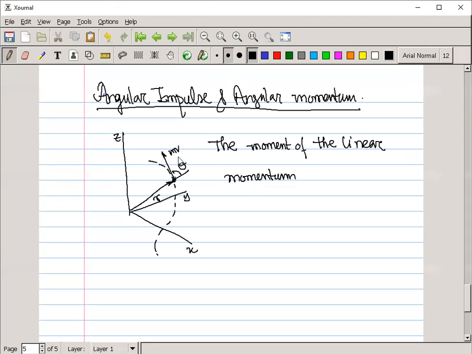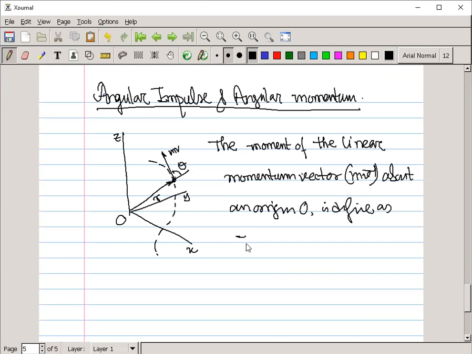The moment of the linear momentum about an origin O is defined as angular momentum h0 of particle p, where r is the position of particle p.